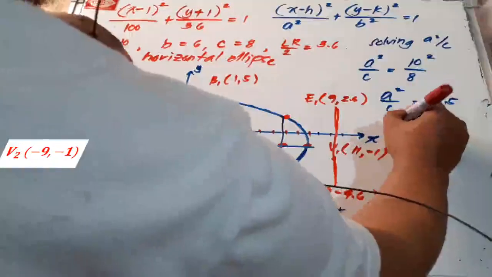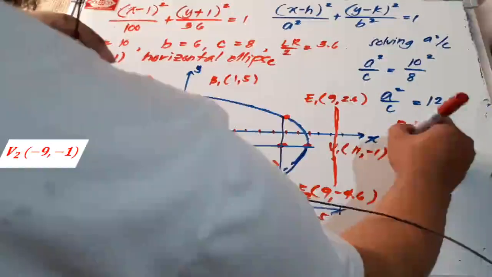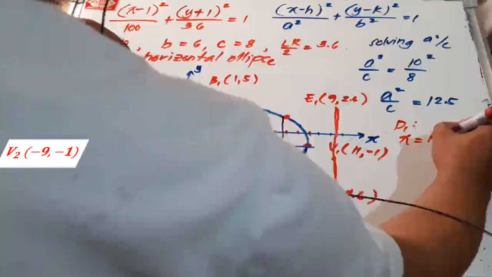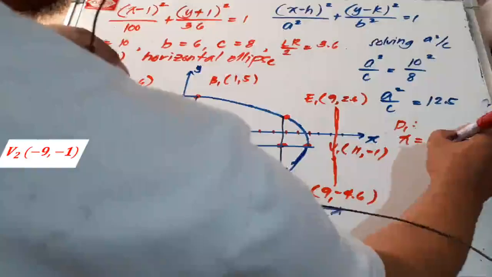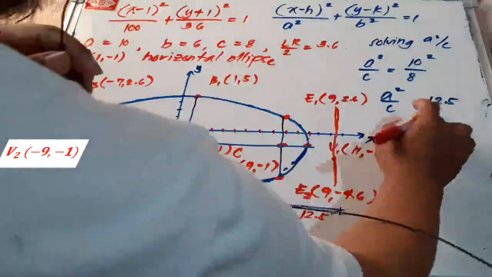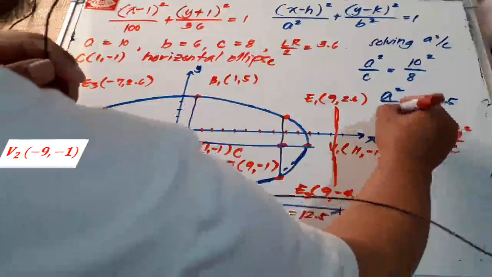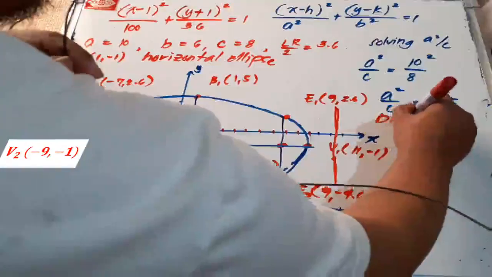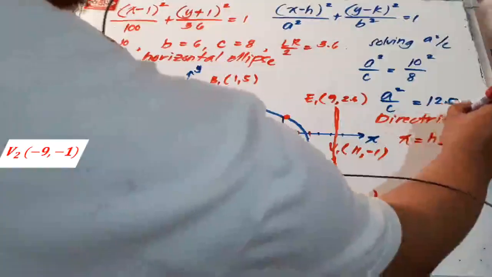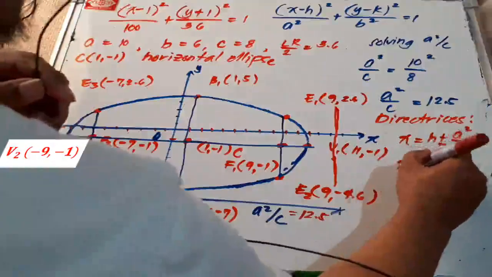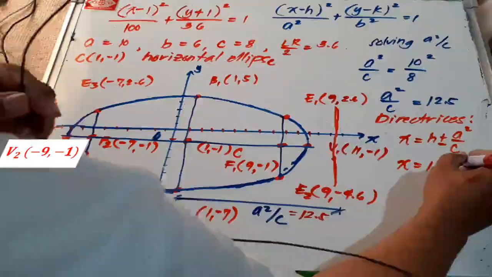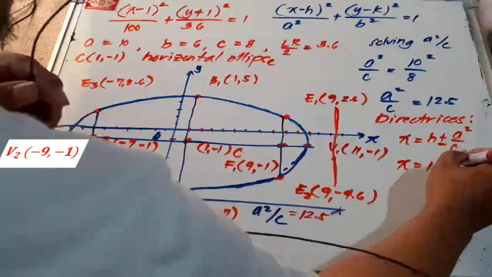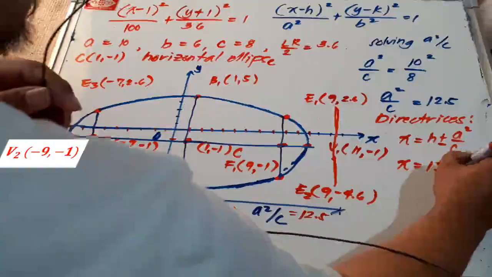For d sub 1, formula natin is h plus a squared over c. Sabihin natin plus or minus na lang para sa d sub 1 and d sub 2. So x equals h is 1 plus or minus a squared over c is 12.5.